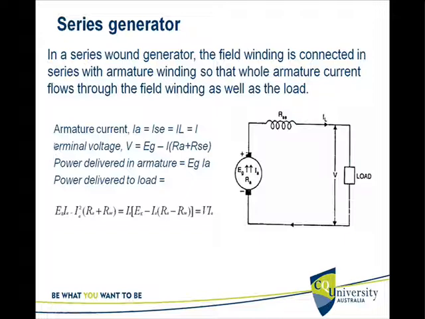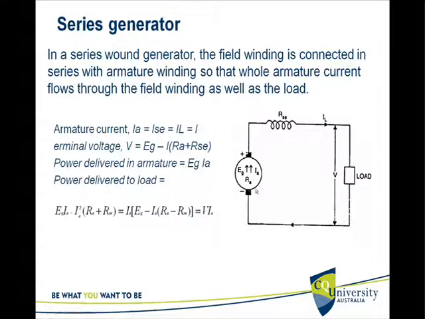Sorry, there is a typo here. Terminal voltage V is equal to EG minus I times (RA plus RSE). RSE is the resistance of the field winding. RA is the resistance of the armature winding. Power delivered in the armature is equal to EG times IA.